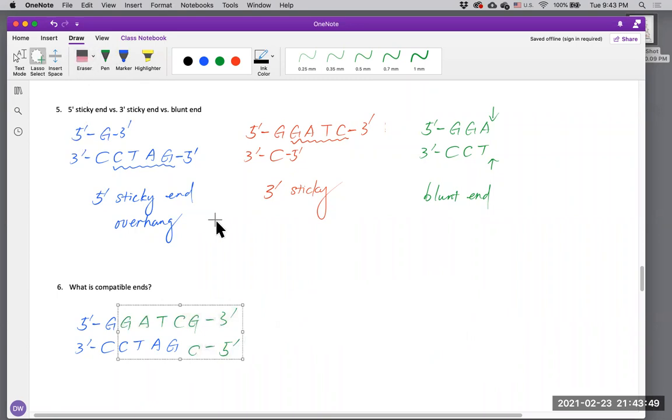This is because G pairs with C, A pairs with T, G pairs with C. So here you can actually take a ligase that ligates these 2, and then you're done. So this is basically cut and paste.